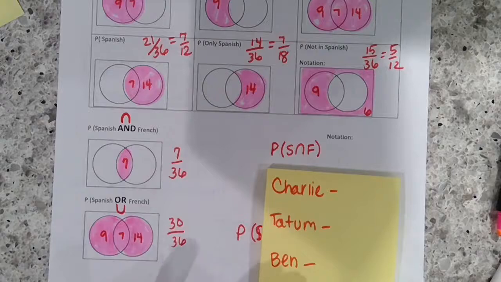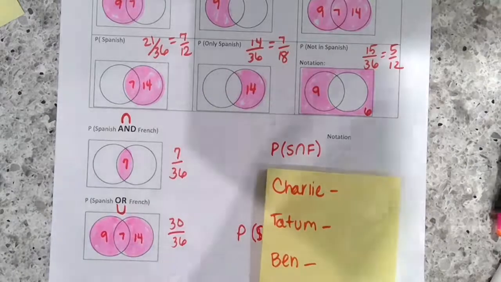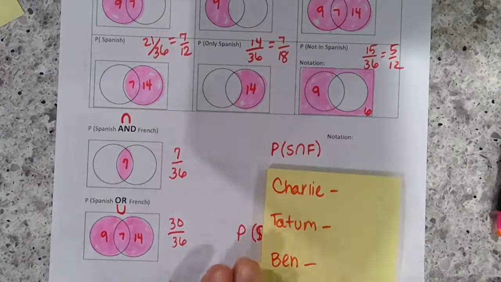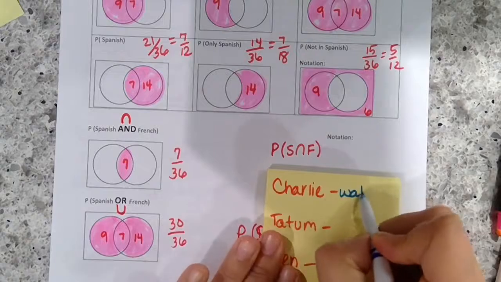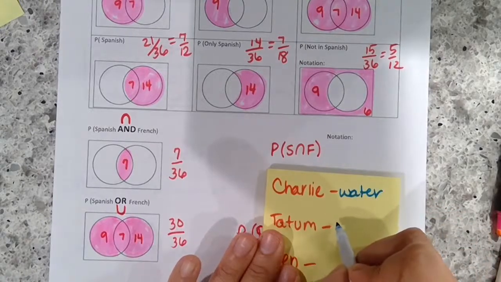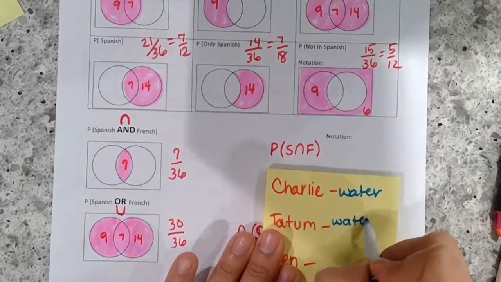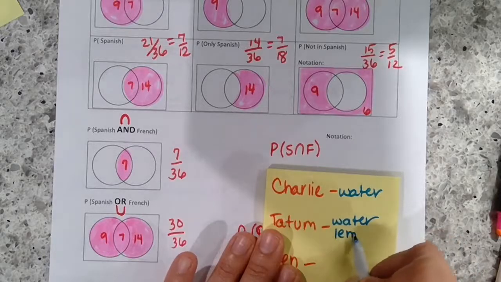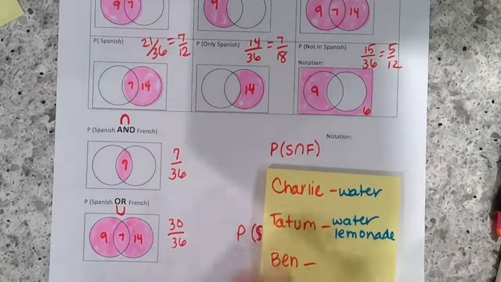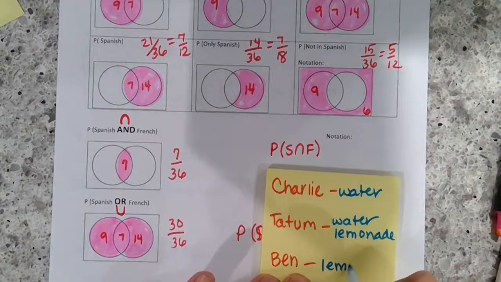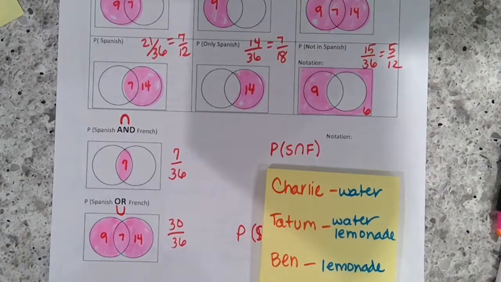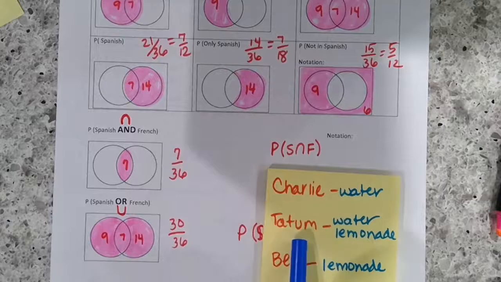Okay, so here's a random side note. So let's just say I was giving out drinks. Charlie had water. Tatum had water and lemonade. She had a cup of water and she also had some lemonade. And Ben just had lemonade. If I said who had water and lemonade, well, that's easy. It's just Tatum.